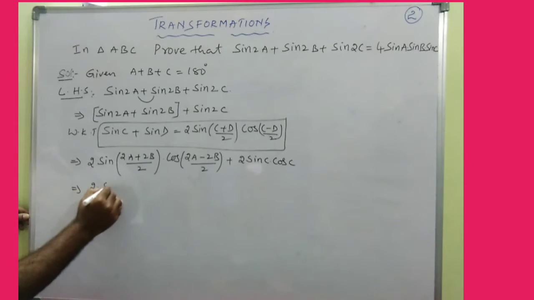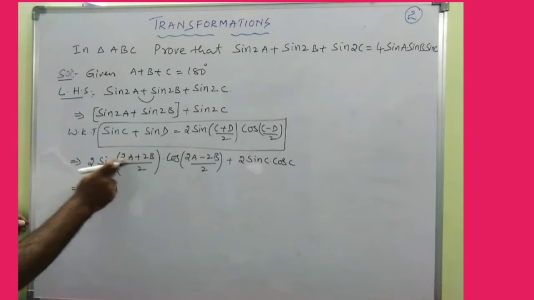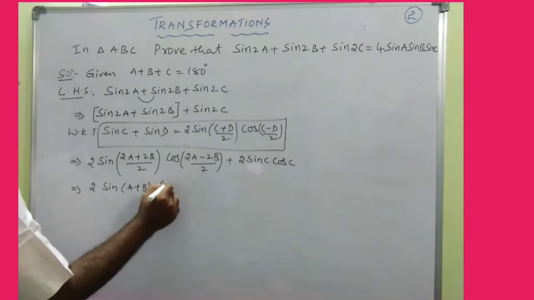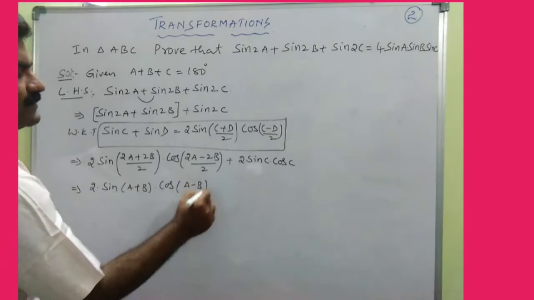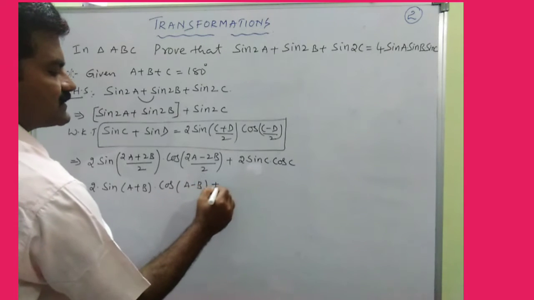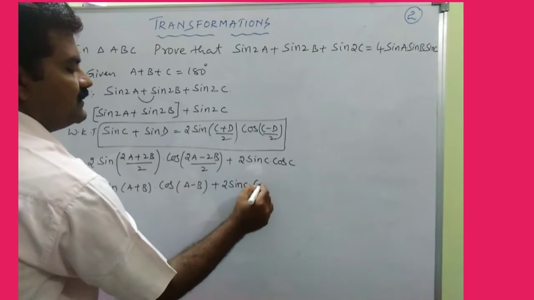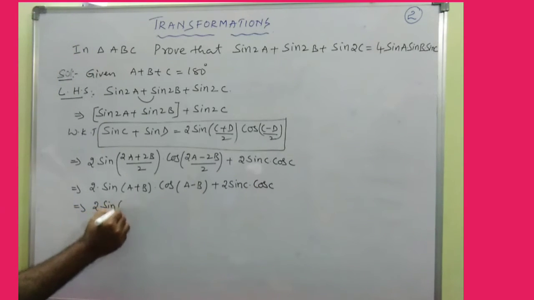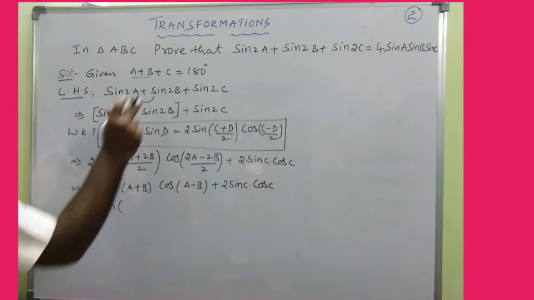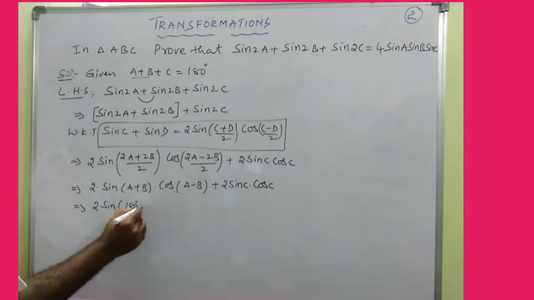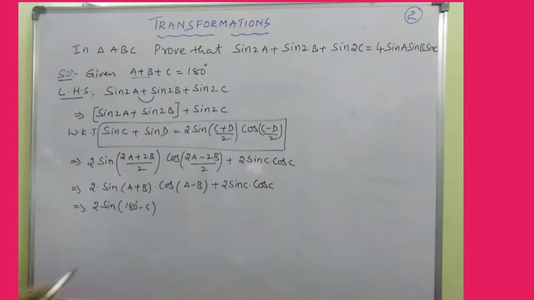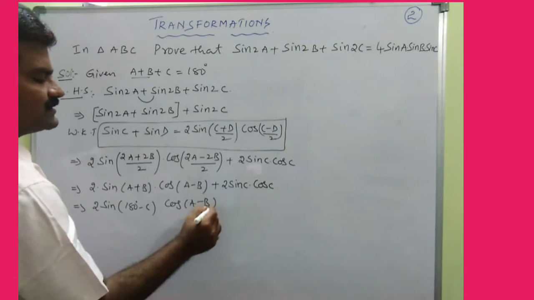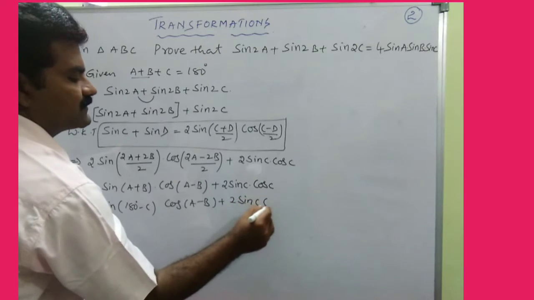So this is 2 into sin of, actually 2 you can take common, the 2 gets cancelled. So this is A plus B, and this is cos of A minus B, and plus 2 sin C into cos C. Now in the place of A plus B, I can write A plus B is equal to 180 minus C. There is no change in the rest of the functions.